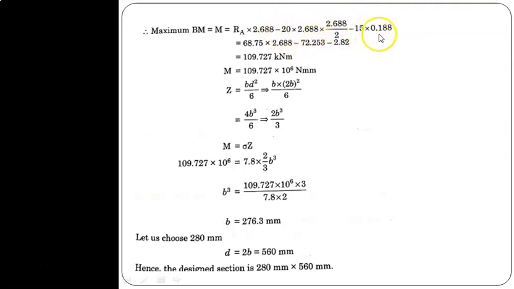We find the bending moment at that section as 109.727 kN meter. This is the maximum bending moment at that section.